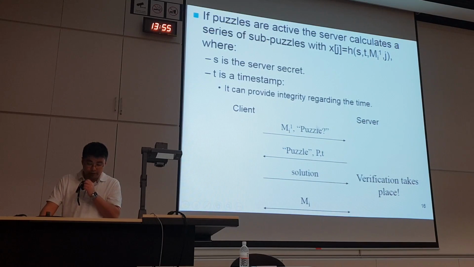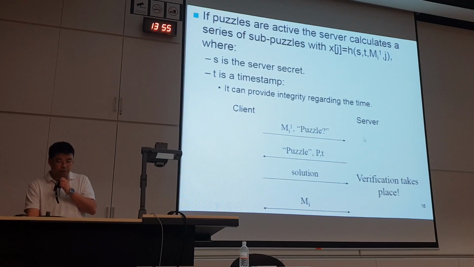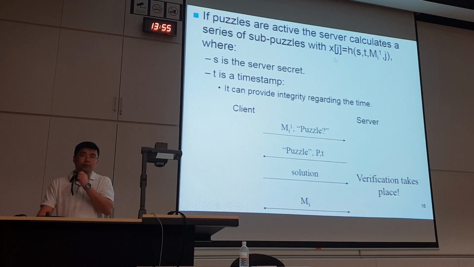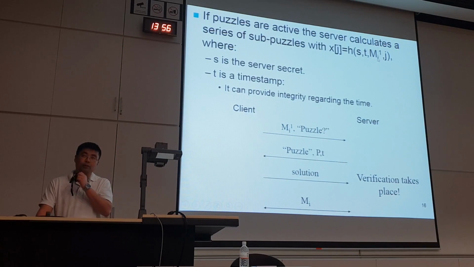So in this case, the client will send a request, and let's say the server has now identified a potential denial of service attack. Then the server will generate a client puzzle based on its secret, the timestamp, the service the client wants to access, and the index of the puzzle.